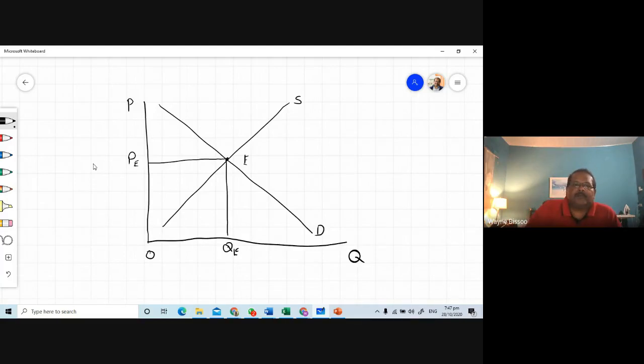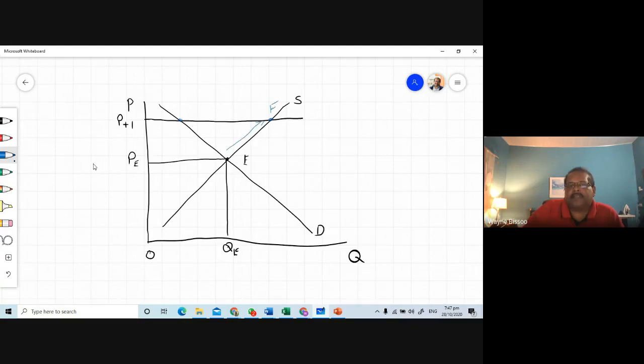What happens if prices go above the equilibrium? If prices were to go up here to P plus 1, two things are going to happen. First, we're going to have a change in both the quantities demanded and the quantities supplied. At E, suppliers at the higher price will want to bring more into the market. Why?